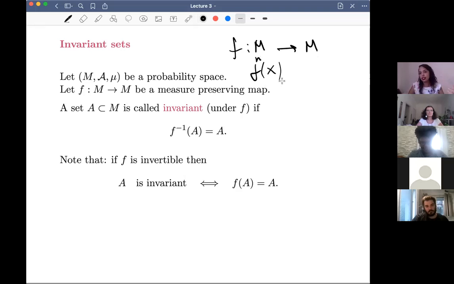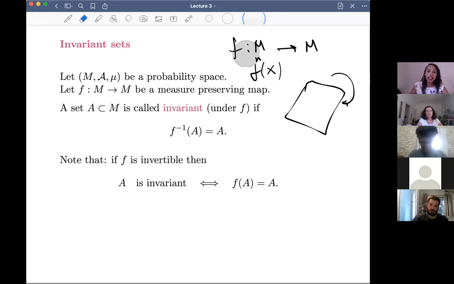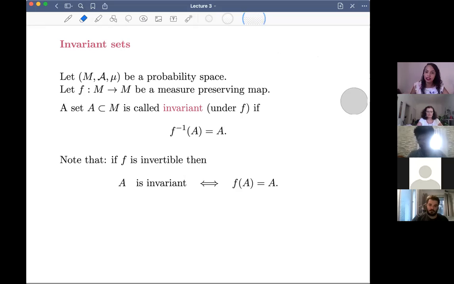You want to understand the orbits of points. So if the map does not act on the same space, then you cannot apply it again and again. If you have an invariant set, you can restrict your dynamics to this set because the image of it is going to go to itself.